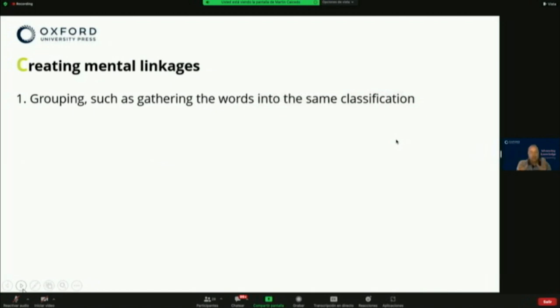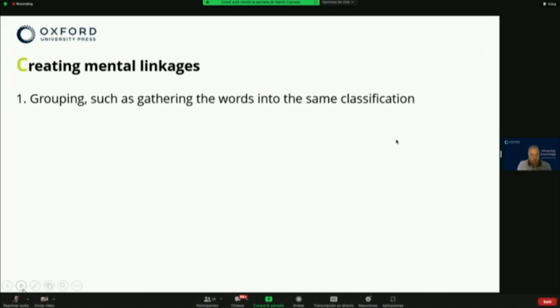It's just grouping, such as gathering words into the same classification. When we talk about creating mental linkages, there are three sets of sub-strategies that are the cornerstone of the whole thing.